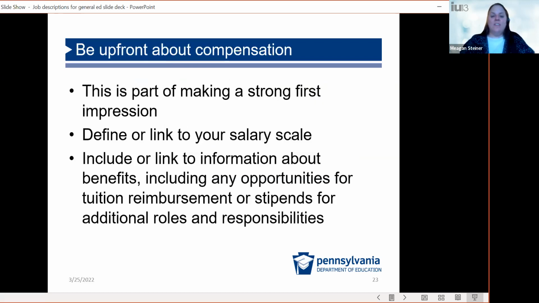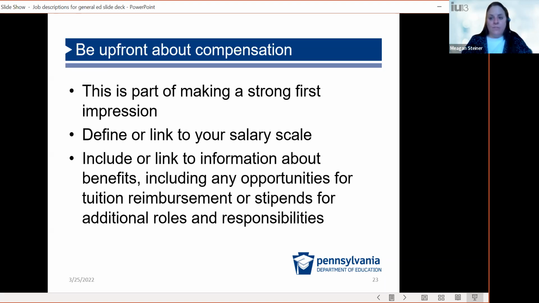Someone also mentioned compensation. Be upfront about compensation. So many of us have likely had the experience of looking for a job and seeing the phrase, compensation is competitive. That's just going to cause people to feel frustrated in some cases. So this is part of making a strong first impression, being upfront with this information.